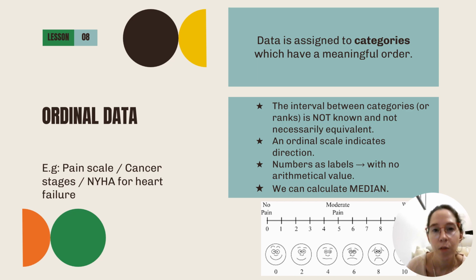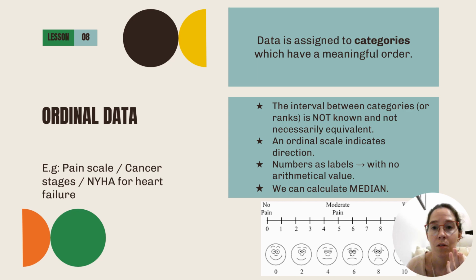Then we have ordinal data, which is another type of data where you will also have categories, but in this case, there is a meaningful order among those categories. So, for example, let's take the visual analog scale for pain here at the bottom of the slide, where you can have zero pain, or you can have the worst pain you have ever had, which could be represented by the number 10.